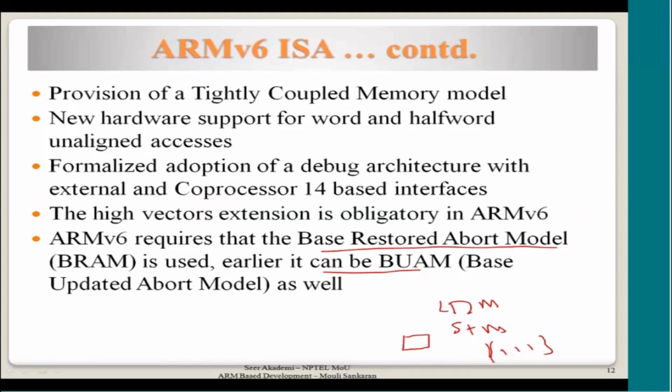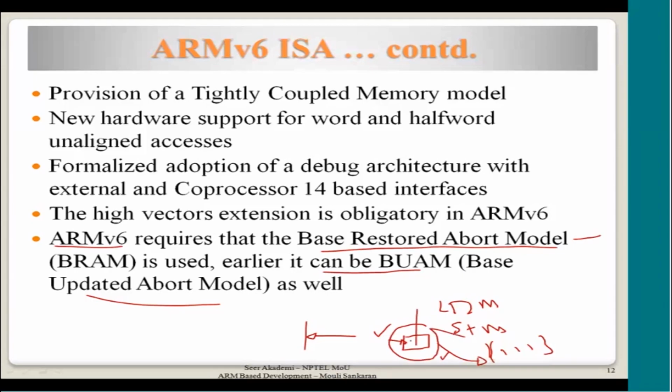During that time if there is an abort, then if you recall I mentioned that in ARM7 it will update the base register as if this instruction had been successfully executed. So you will always see the updated abort model. But from ARMv6 there is support for the restored abort model. That means when it comes to the abort exception, the base register would be restored as if nothing had happened.